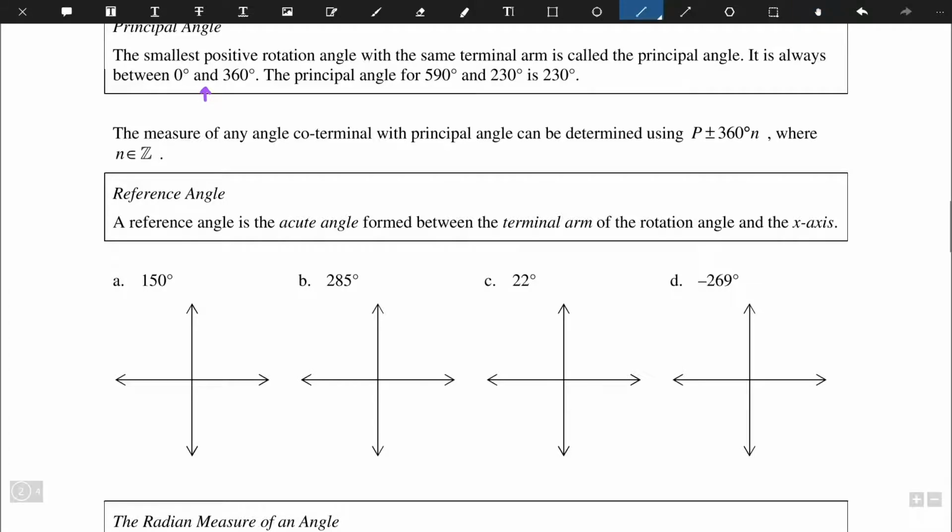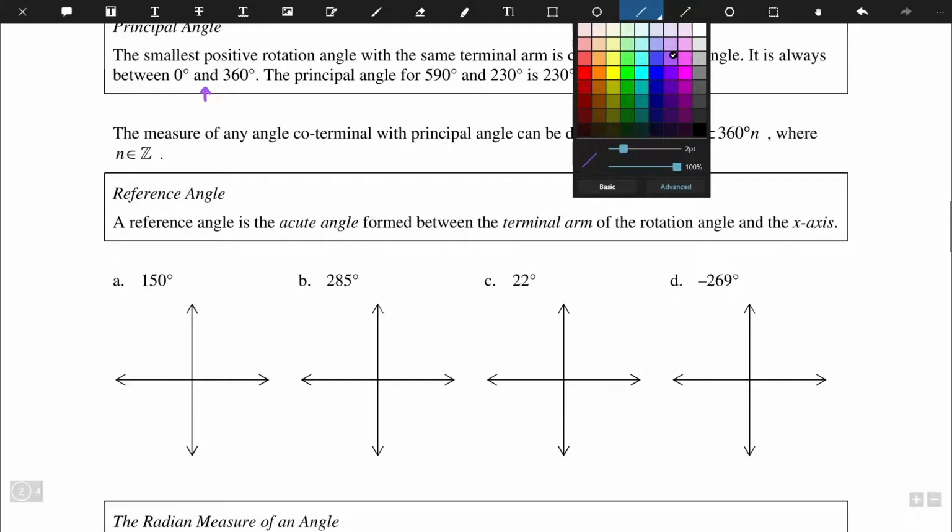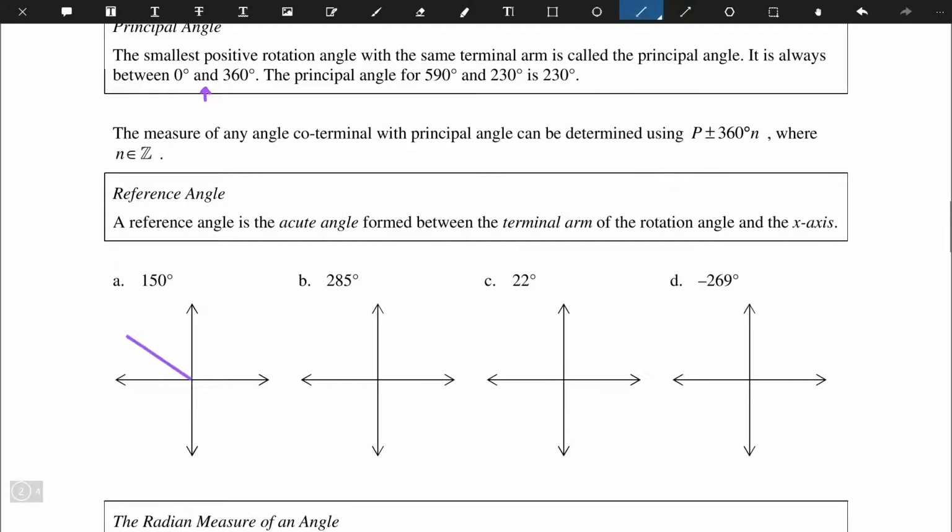Just going to go ahead and draw these 4 angles here. 150 degrees will be 30 degrees less than 180, so it will be in quadrant number 2. 285 degrees will be 15 degrees more than 270, so it will be in quadrant 4. 22 degrees, of course, is just in quadrant 1, so somewhere around here. And then negative 269 degrees is 1 short of negative 270, so it will be in quadrant 2.